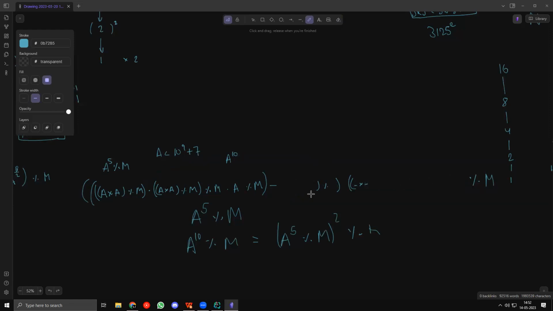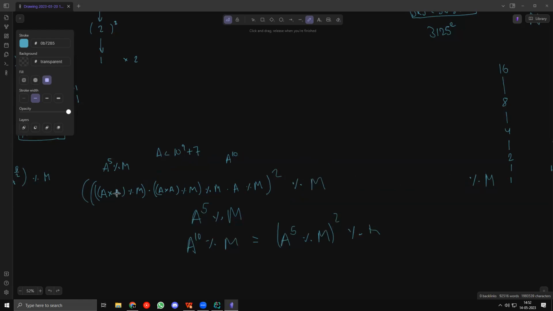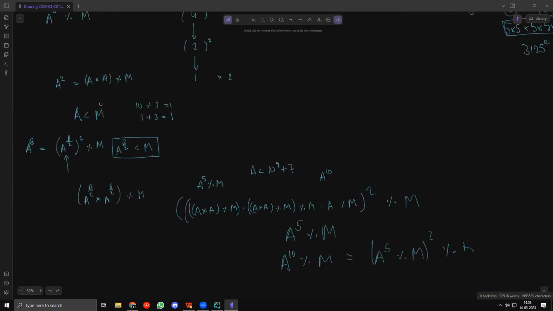So I'll take this squared modulo m. So if I'm just taking some value, any a to the power of b, and then I square it and I take modulo, that will be the same thing. Like it will be a to the power of 10 modulo m. These two things will be the same thing, which helps a lot.